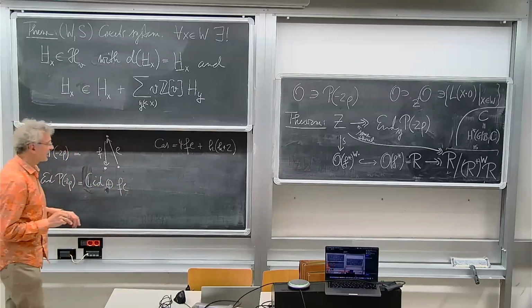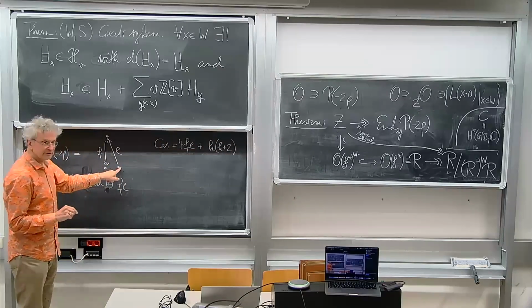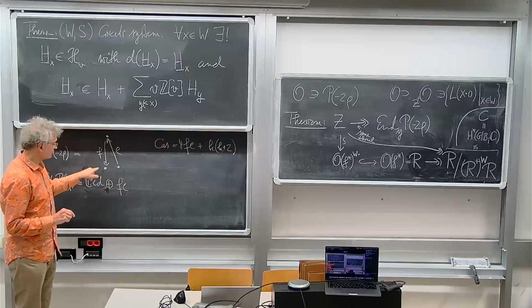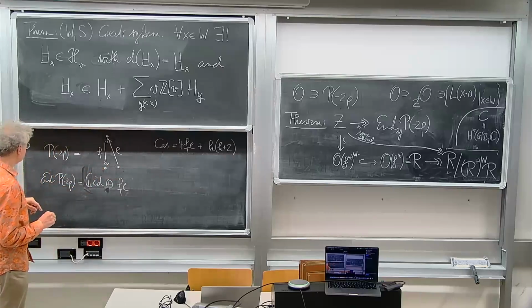And this Casimir kills everybody down here because the H eigenvalue is minus 2. But it's okay.